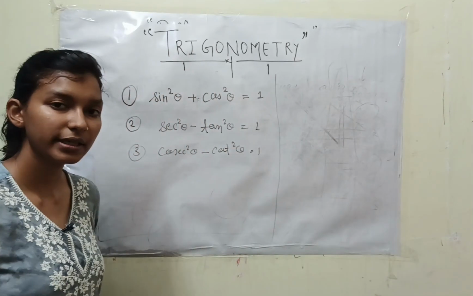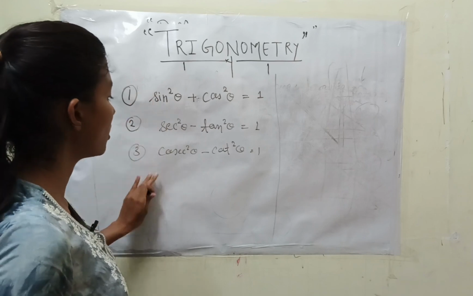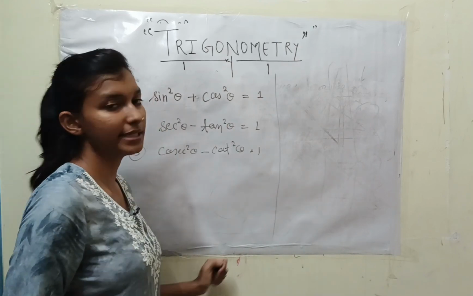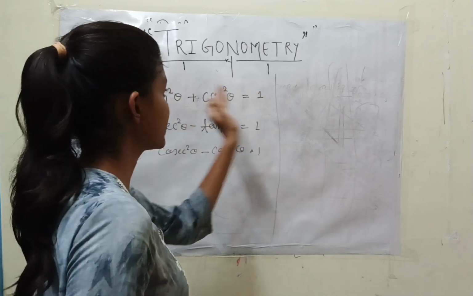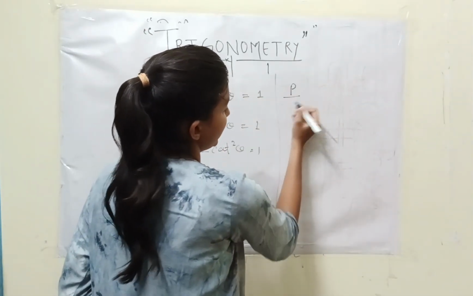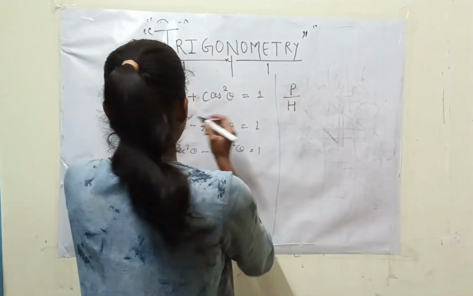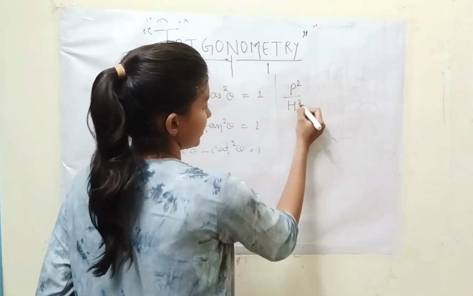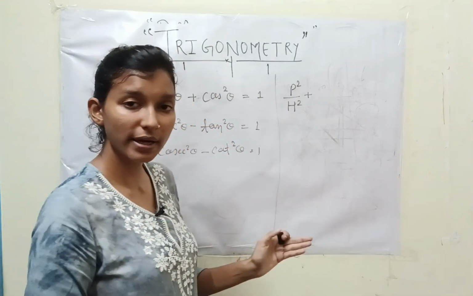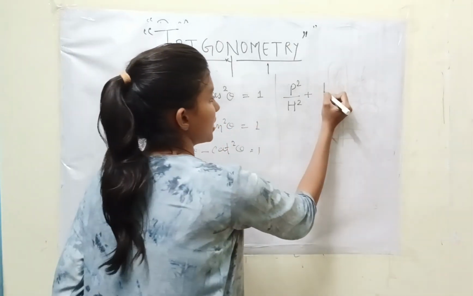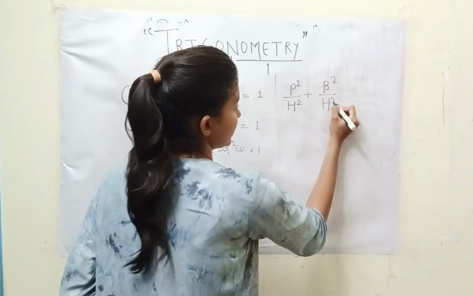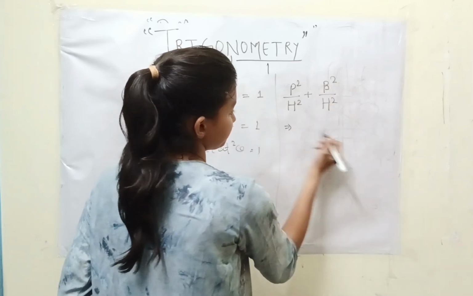How can we prove that? These all can be proved by Pythagoras theorem. How? What is sin theta? Sin theta is described as the ratio of perpendicular and hypotenuse. And thus, if we square that, it is perpendicular square upon hypotenuse square. And what is cos square theta? Cos square theta is the ratio of base and hypotenuse, squared.